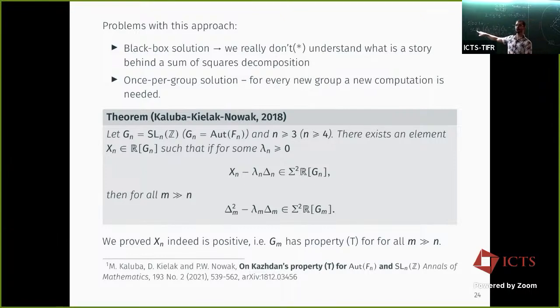But you can still, out of positivity of a certain element here, derive property T for SL_n(Z) for every other n. And the same thing goes for Out(F_n), and that's why this article is in existence.